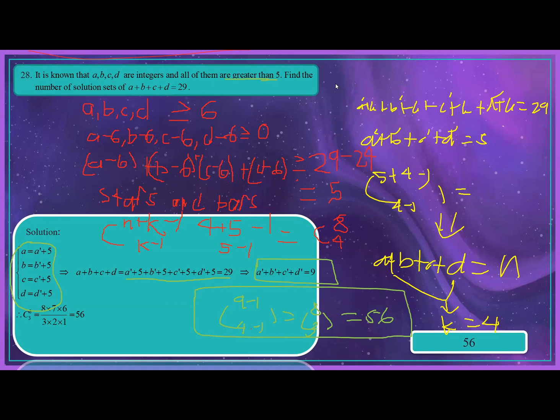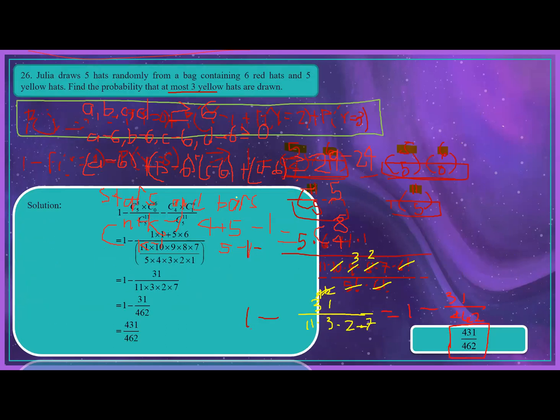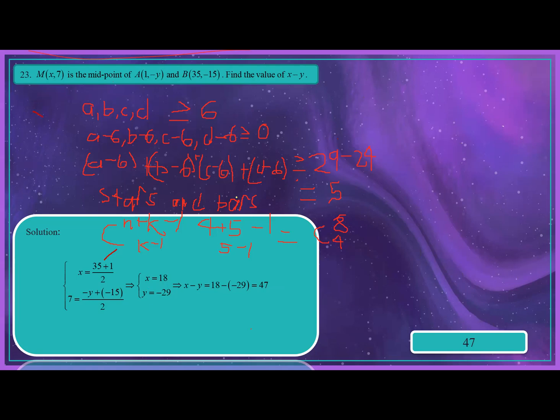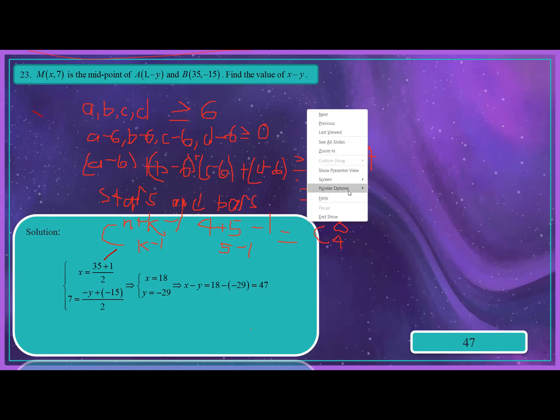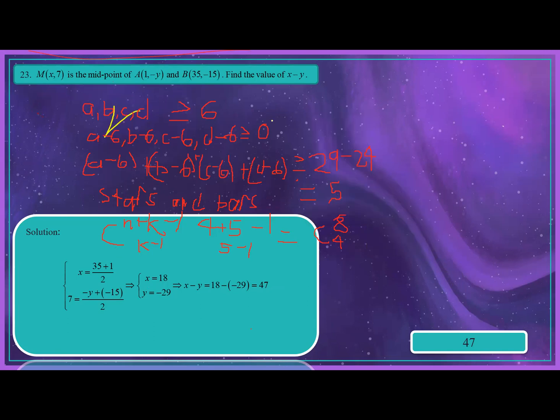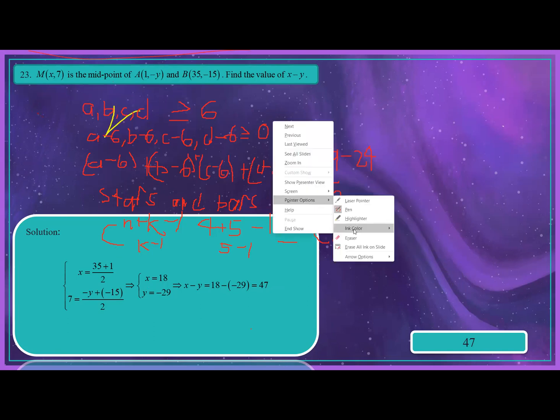Could you turn back question 23 and 24? I want to take a picture. Wait, sorry. What was it again? Could you turn back question 23 and 24? I want 23. Okay, sure. 23 and 24. Okay, thank you. I want to take a picture. Okay, wait, I'll just erase. Can you erase your ink here?